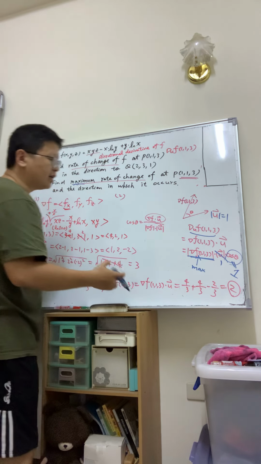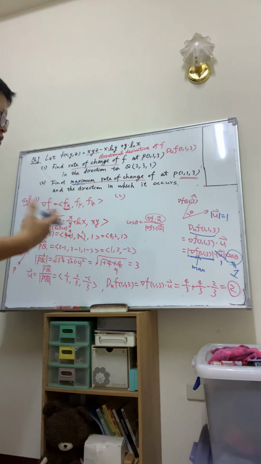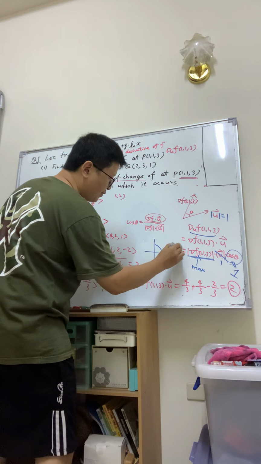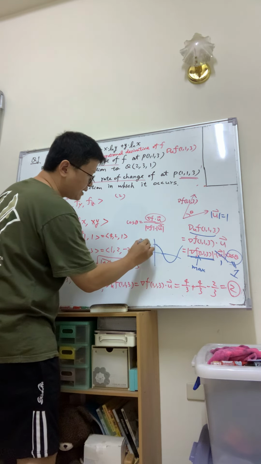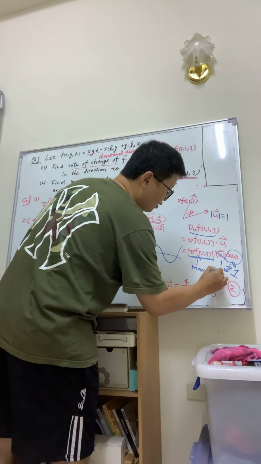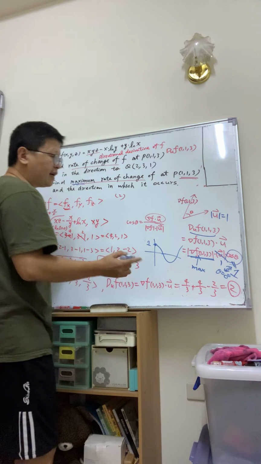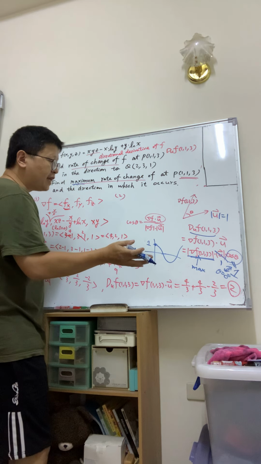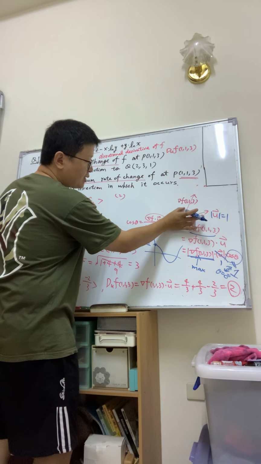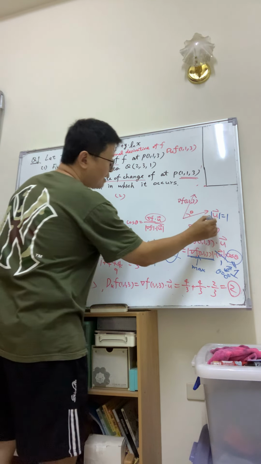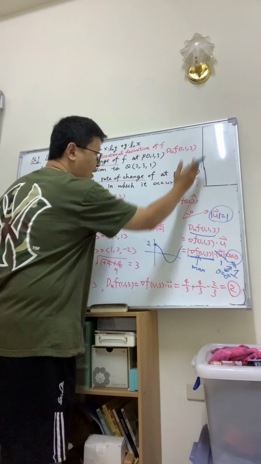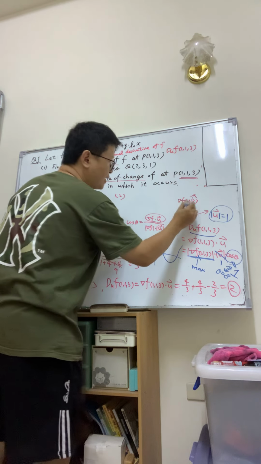But when do we have cosine theta equals 1? Exactly when theta equals 0. It means the angle between these two vectors is 0, so the unit vector we choose is in exactly the same direction as the gradient f.